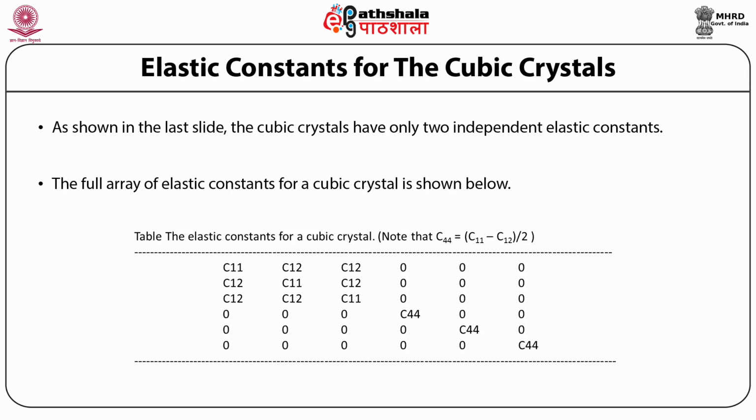The array for the compliances for the isotropic system is similar with S44 equal to twice of (S11 minus S12).